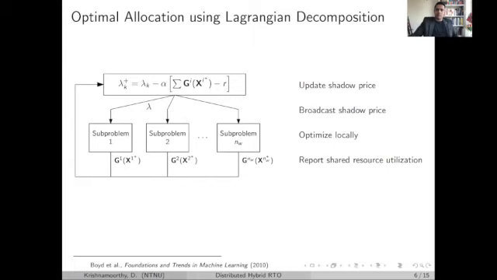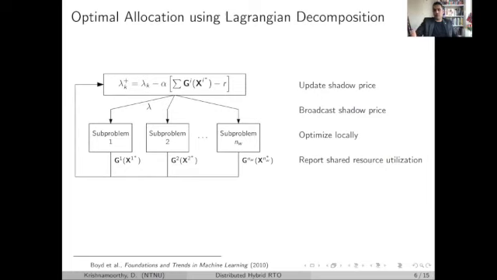So we will be using the Lagrangian decomposition framework, since this enables only limited information exchange, only in the form of the shadow price from the master coordinator to the subproblems, and only the total resource utilized by the different subproblems.